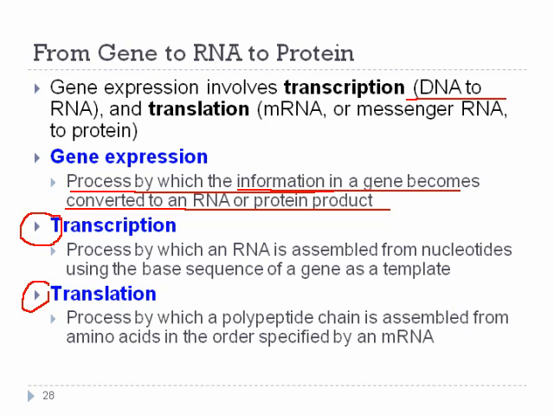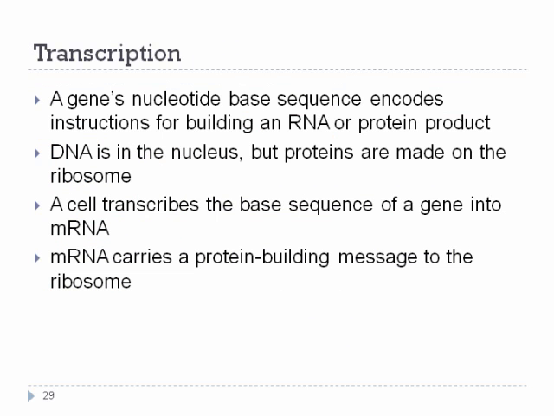Transcription takes the information in the DNA and makes an RNA molecule or an mRNA molecule. And translation takes that mRNA and turns it into a protein. And so your book takes you through the steps of transcription and translation.